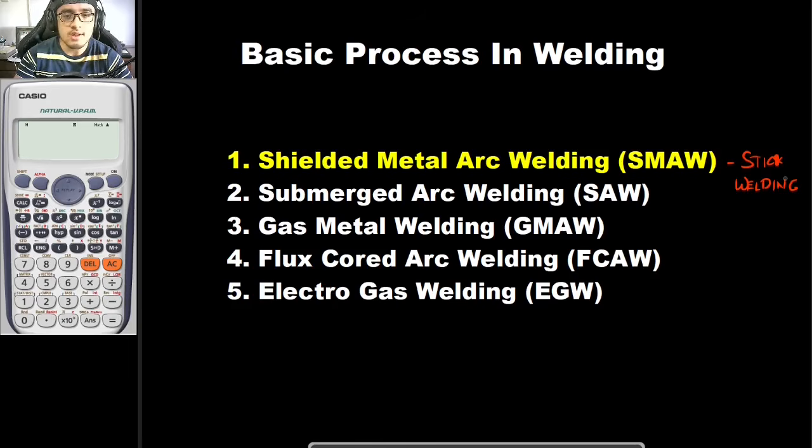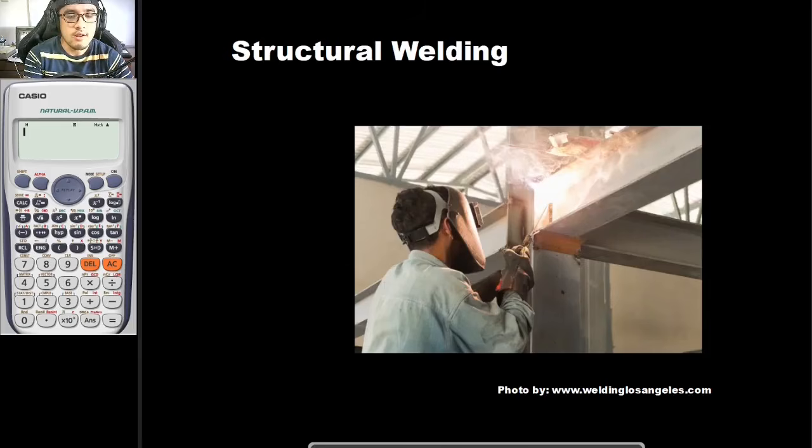In this process, we would be needing electricity. We would be needing our electrode, which is actually our welding rod. We must have our holder, our welding machine, our current, our ground holder, and etc. So if we go back to this slide right here, this is actually SMAW.